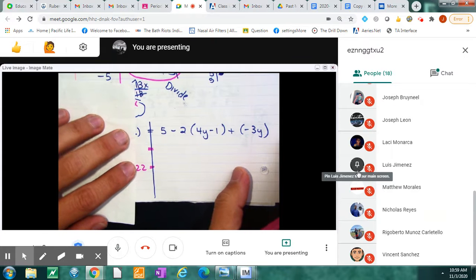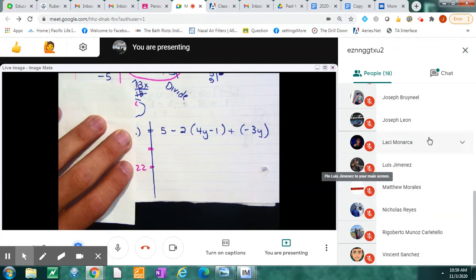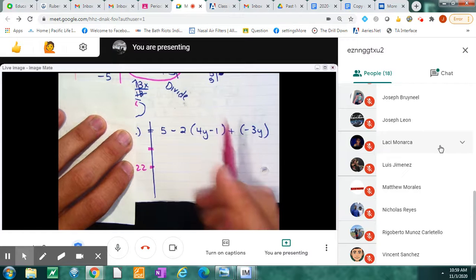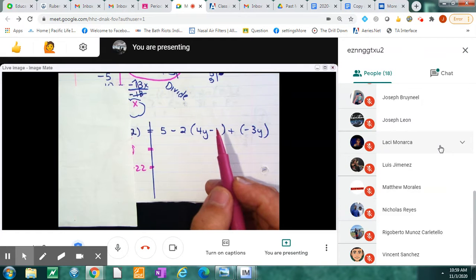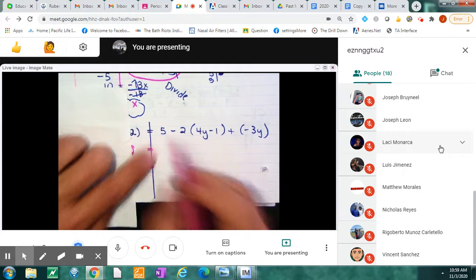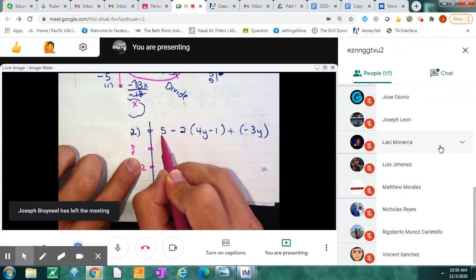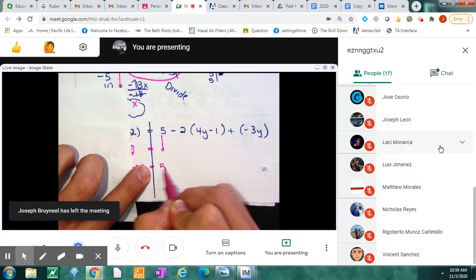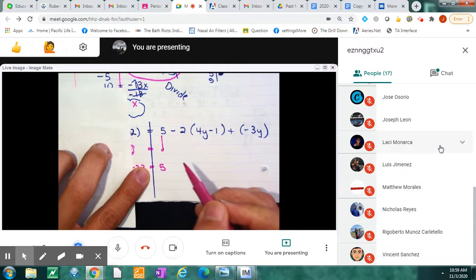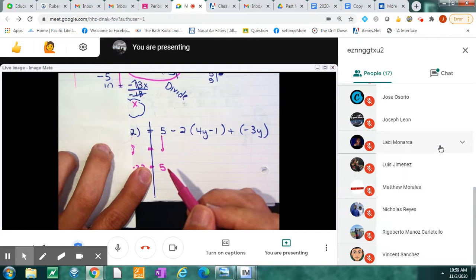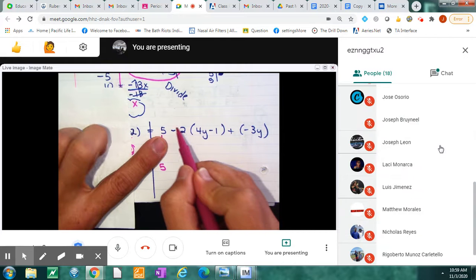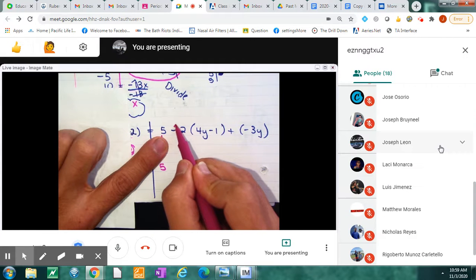Now, do we do 5 take away 2 here? No. Because remember, parentheses, your multiplication, right? So the 5, we're just going to drop it. All right? So far, so good? So now, Rigoberto, the arrows go to where? From here. Negative 2 goes to where?